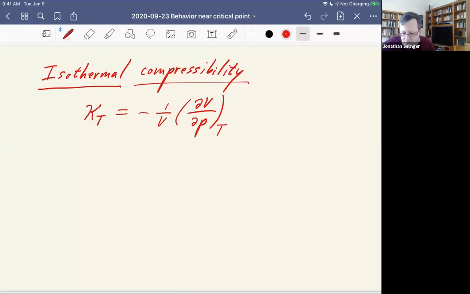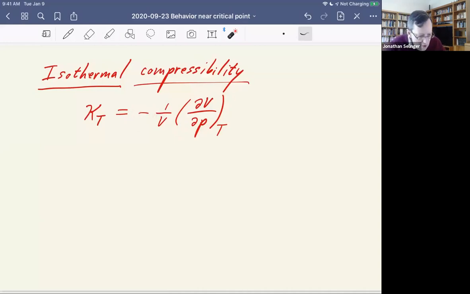If you make a little change in pressure, how much of a change of volume do you get? That's that derivative, normalized by the volume that you started with. And so it gives you the percentage change in the volume. And the negative sign is because if you increase the pressure, the volume gets smaller. So this derivative is negative, and then this sign just makes something positive.